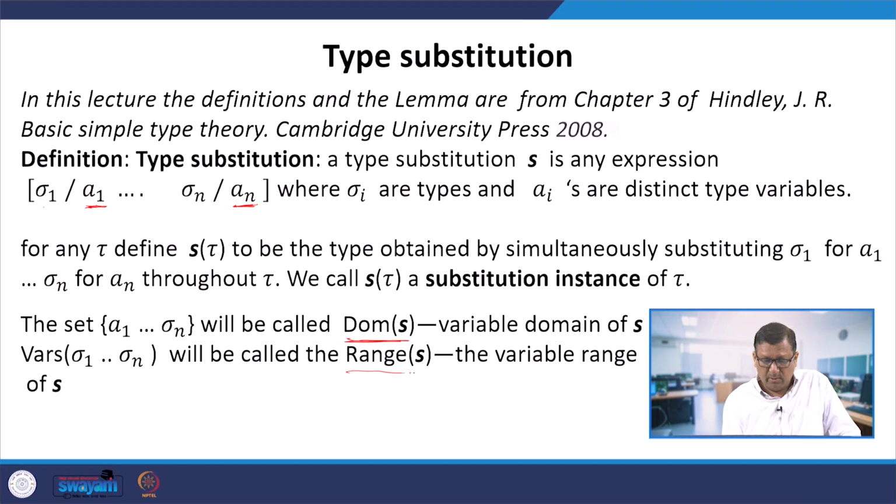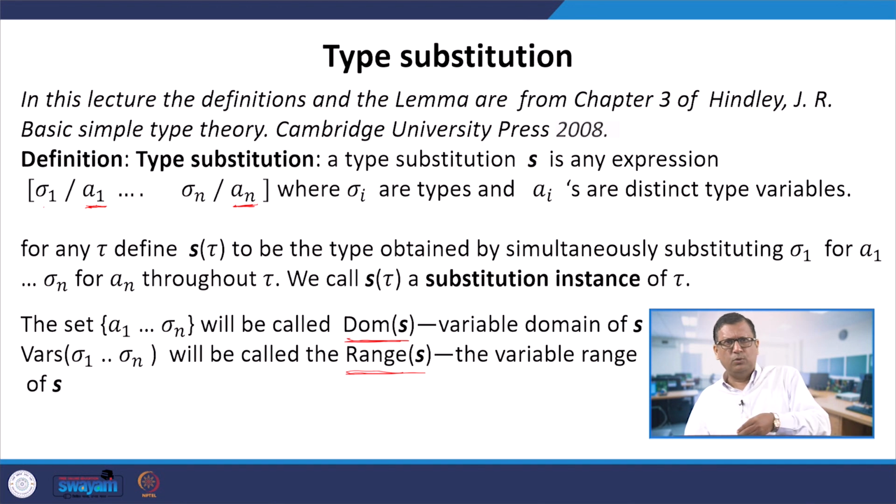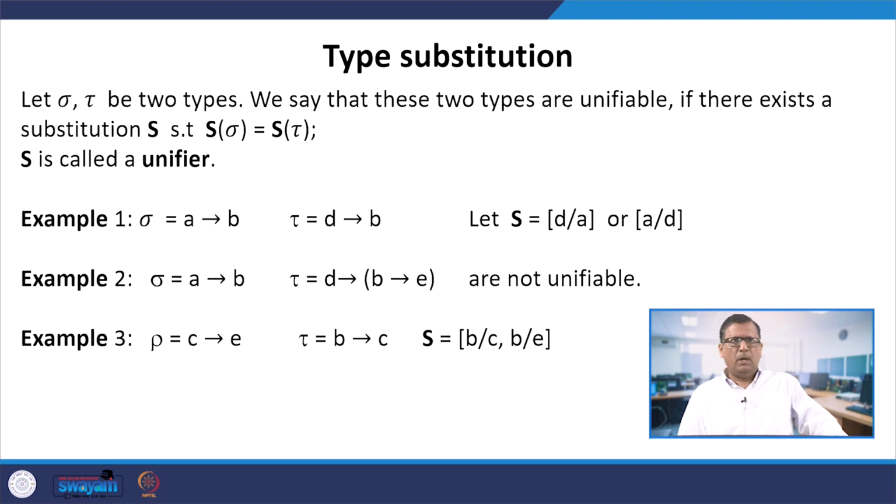So substitution then is a mapping from this domain to this range. You are taking a type variable and you are mapping it to an element in sigma 1 to sigma n. Now, let sigma and tau be two types.